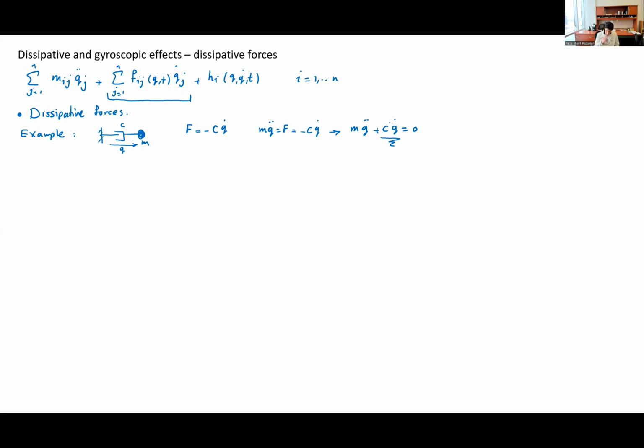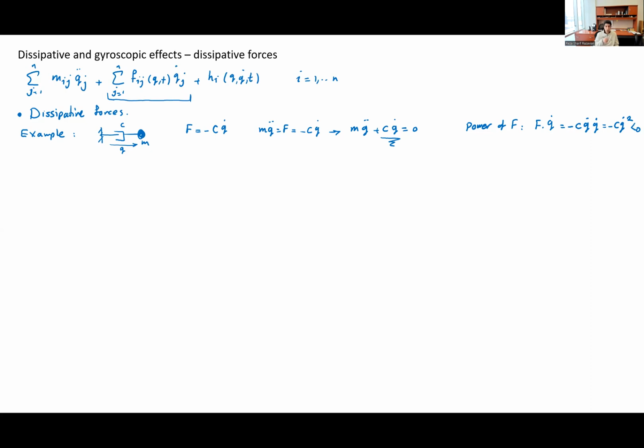And another important thing to note here is the power of the force F. You remember, the power of a force is the force times the velocity by which that force is moving. And in this case, it's minus c q dot times q dot, which is minus c q dot squared. And this one is always negative.